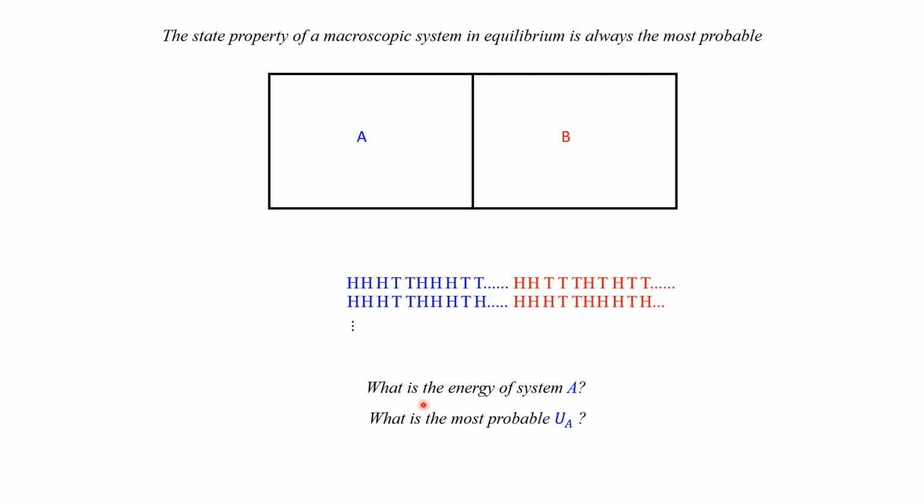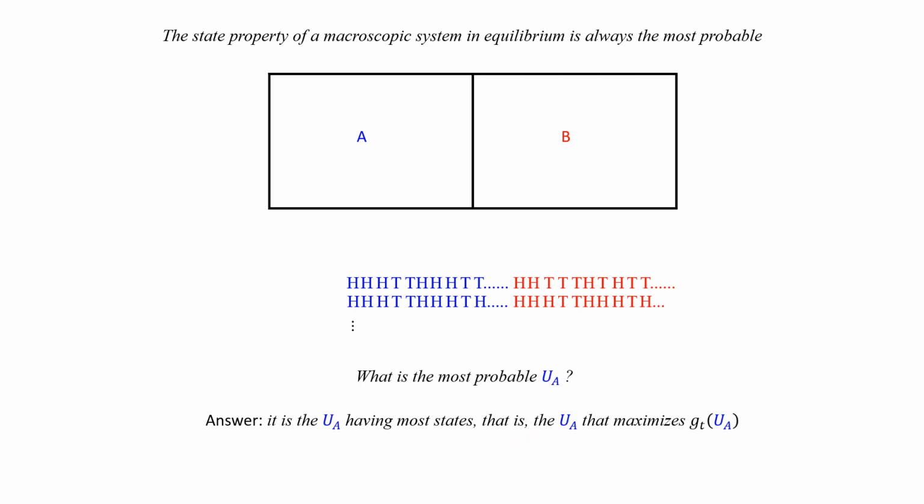So our question, what is the energy of system A, is reduced to the question, what is the most probable energy? And to answer this question, all we need to do is to identify which energy has the most states, because the energy having the most states is the most probable energy.